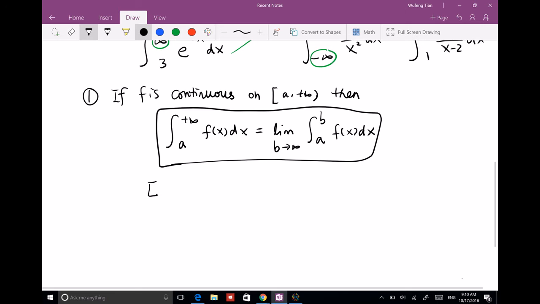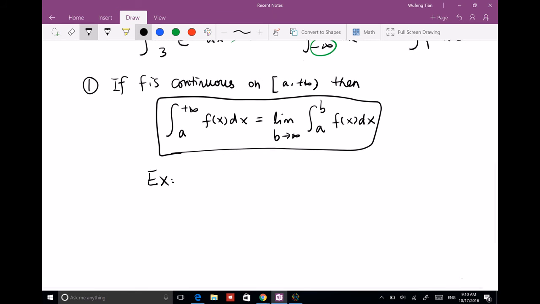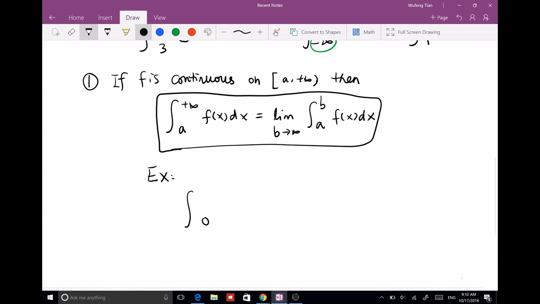For example, from 0 to infinity of e to the negative 4x dx. This is an improper integral because I have infinity in the upper boundary. What do I do?